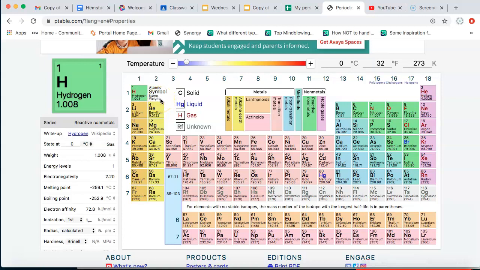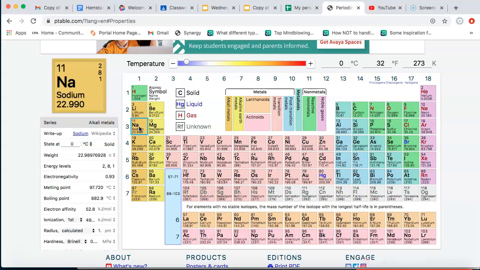Cool. So, what is a pattern that we can see about our atomic numbers? As we are going down the periodic table, what happens to the atomic number? Does it get bigger or smaller? As we go from hydrogen to lithium to sodium, does the atomic number get bigger or smaller?